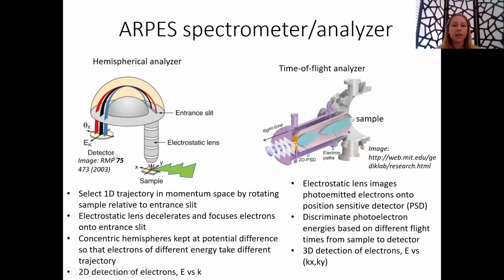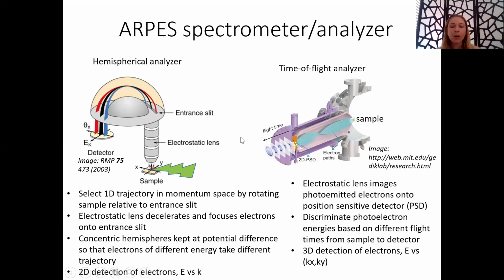Basically, there is a slit in the analyzer, the entrance slit right here, that selects some one-dimensional trajectory in momentum space, so you detect energy versus k in two dimensions. K along that one-dimensional trajectory is mapped out in position along this slit.